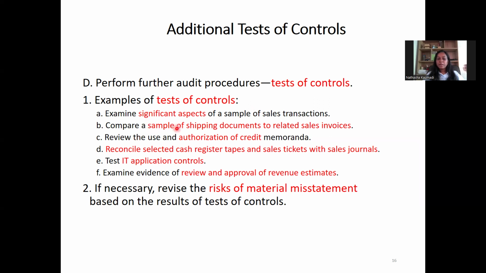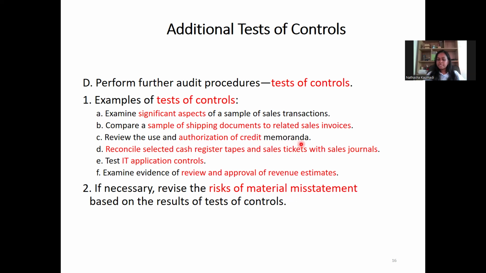Compare a sample of shipping documents to related sales invoices, just to see whether the sales invoices have been reconciled with the shipping documents, goods dispatch notes, right? Whether they have actually reconciled it. Maybe you can review the use and authorization of credit memoranda.